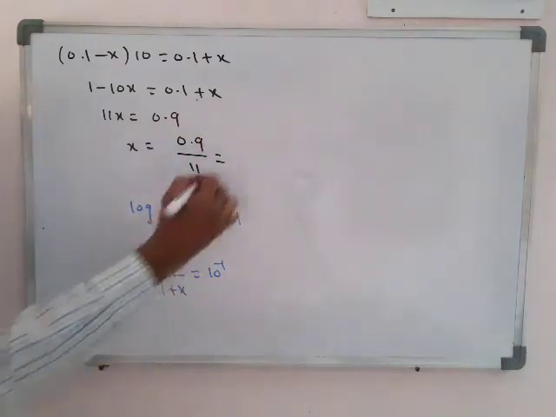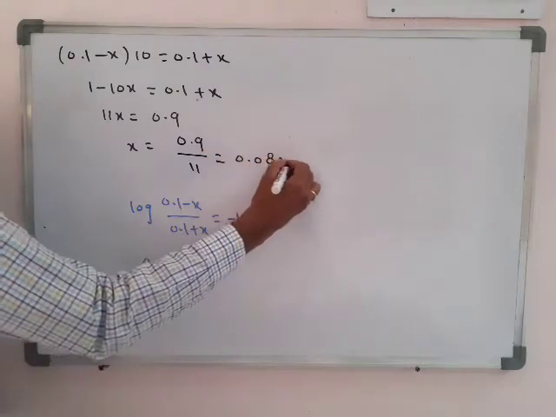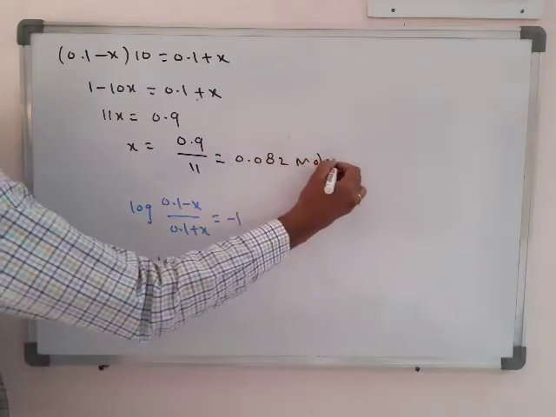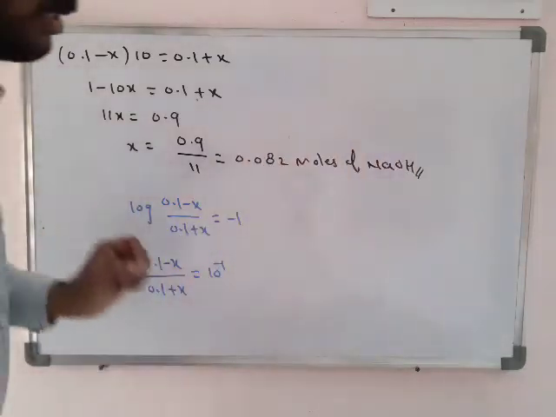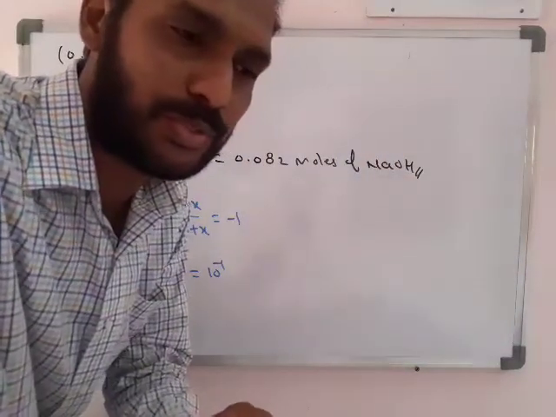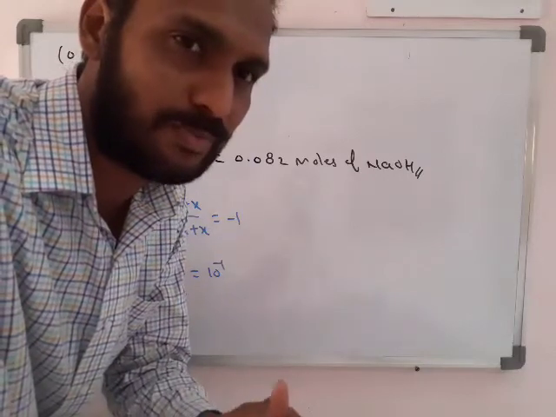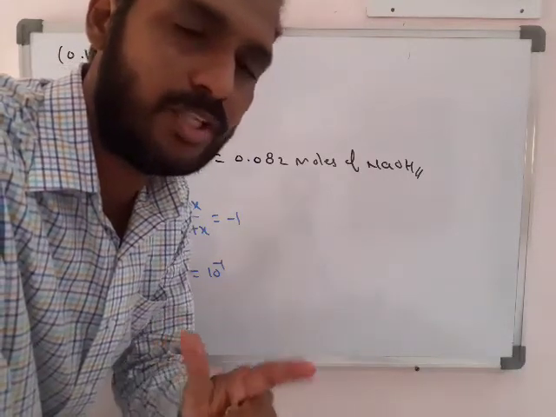So here approximately we get 0.082. Means if we add 0.082 moles of sodium hydroxide, maximum there is a pH change of 1 unit.